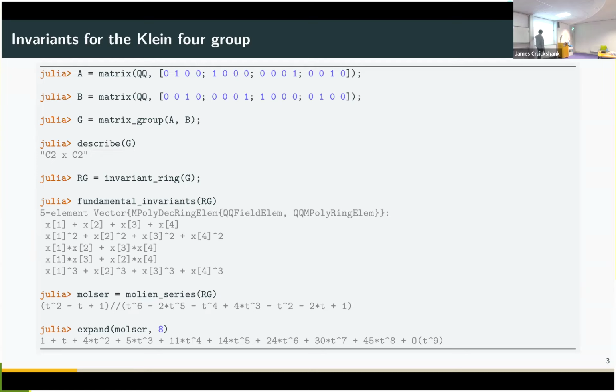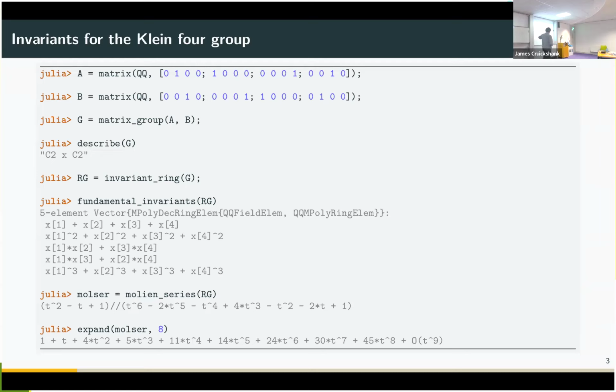One important invariant of the invariant ring is the Molien series, which, if we write it as a series, encodes the dimensions of the spaces of invariants for each degree. The group action preserves degrees of polynomials.